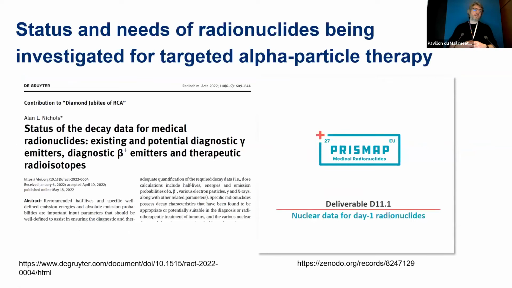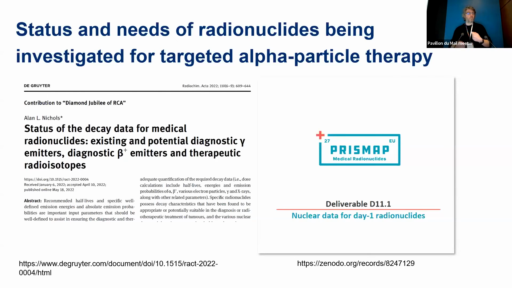So the status of the radionuclides being investigated right now: there's a really good review by Alan Nichols. He's gone through pretty much all the radionuclides, all the different methods, all the different modalities, and got recommendations, including recommendations for atomic data, so L X-rays, Auger electrons and things like that. There's another one that's come out as a deliverable from PRISMAP.